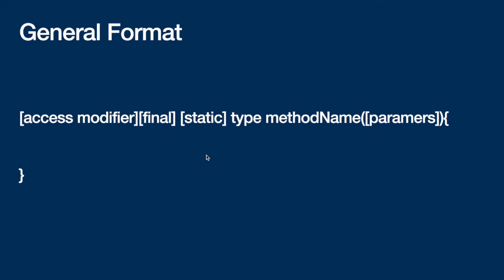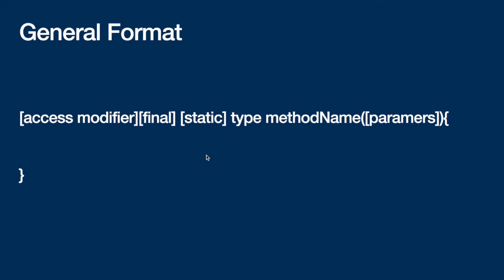The other keyword is static, and you might have seen the method main in our exercises before, that it's a static method. A static method is a method that can be used without initializing any instance.